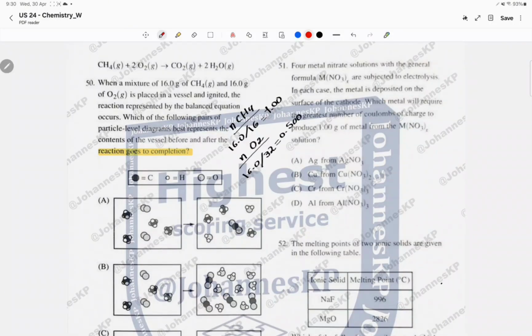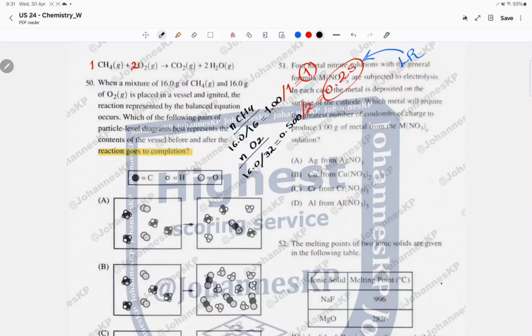Now, of course, you must divide by the coefficient, which is a 1 here. You would still get a 1. And the coefficient here, which is a 2, you would get a 0.25. So obviously, the lower the number is going to be limiting. So now we know that O2 is going to be limiting. That means it has to become 0.